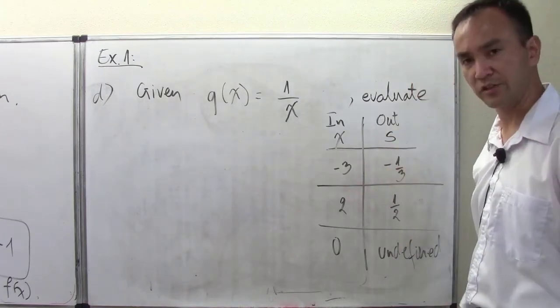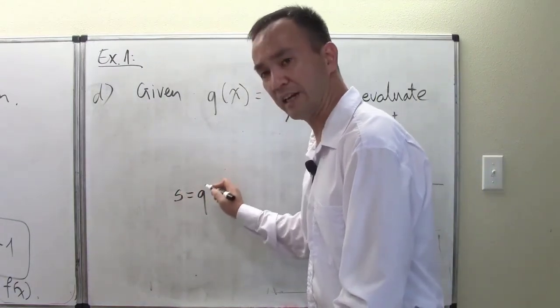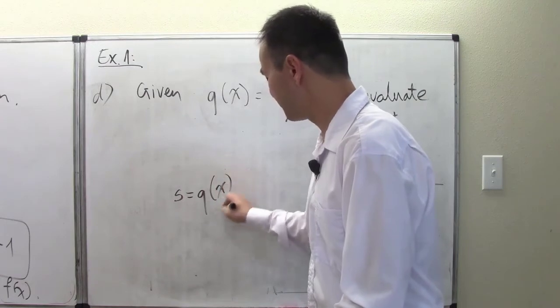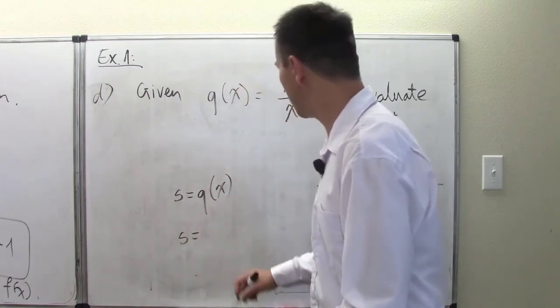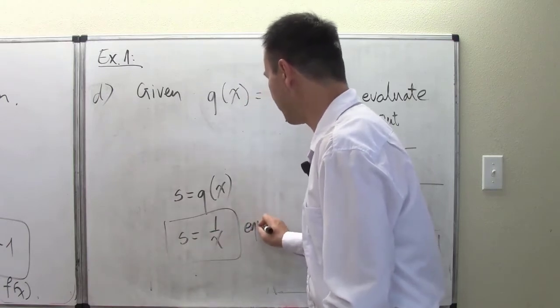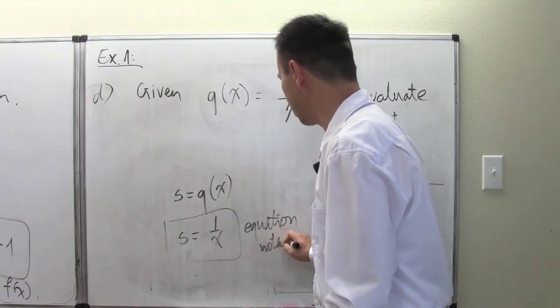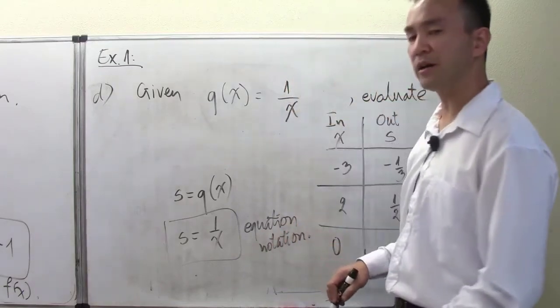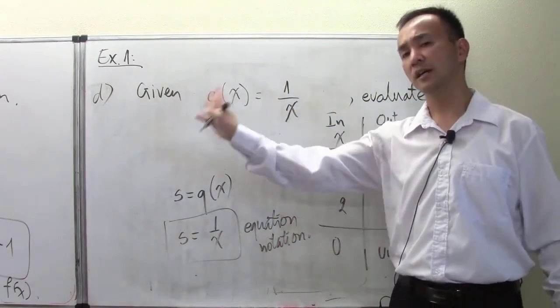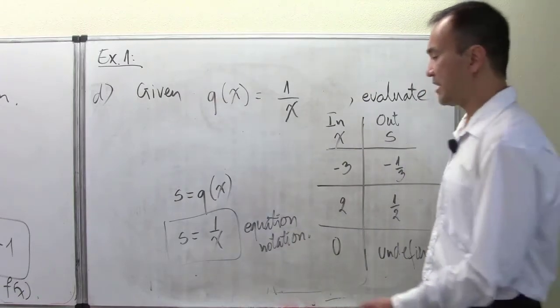So here s equals q of x, but then specifically s equals 1 over x. This is the equation notation. This is not part of the example, but I just decided to go a little extra. A little bit of an extra mile right there. All right.